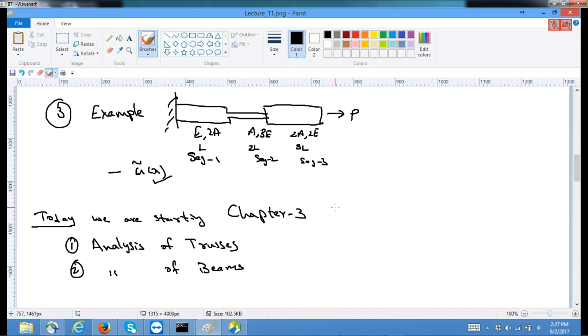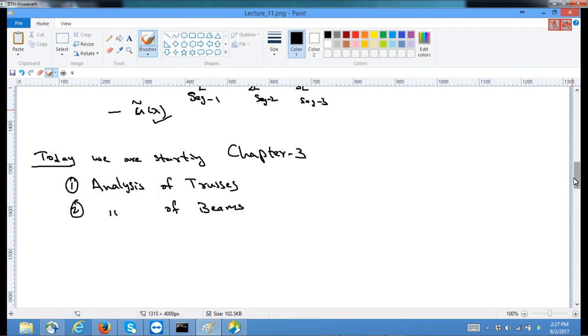I'll take a couple of classes, like 2 to 3 classes, to analyze the trusses, and then another 2 to 3 classes to analyze the beams. So let's start with the truss. Today we will talk more about trusses.